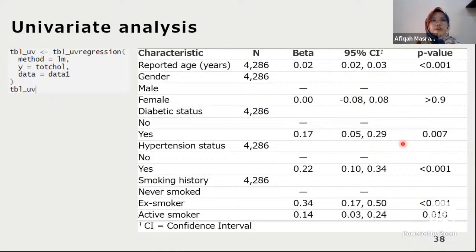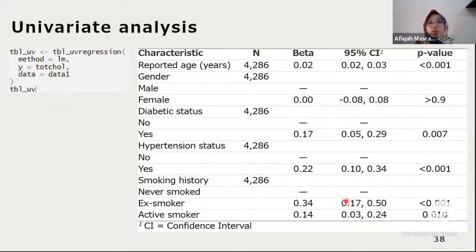For univariable analysis, there's a special function where we can combine all those regression models into one single table without having to go through the tedious process of using singular regression models for each specific variable. So for this, the coding is table UV regression, and you can see here that I use the method lm with the output to be total cholesterol and using data one.